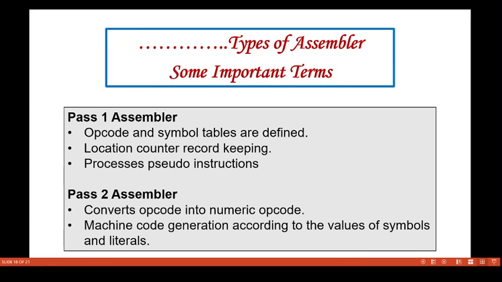These are some important terms for pass 1 and pass 2, or the one pass assembler and two pass assembler. For the one pass assembler, opcode and symbol tables are defined, location counter record keeping, and it processes pseudo instructions. These are some of the important parts of the one pass assembler. The second one converts opcode into numeric opcode. Then machine code is generated according to the values of symbols and literals.